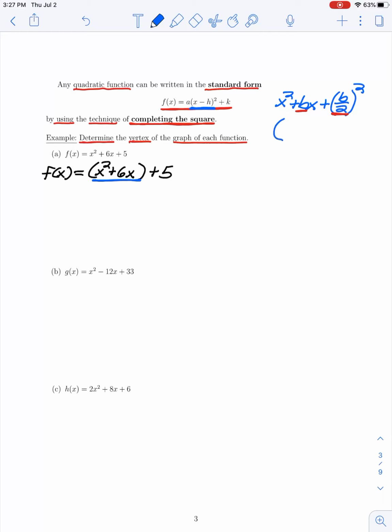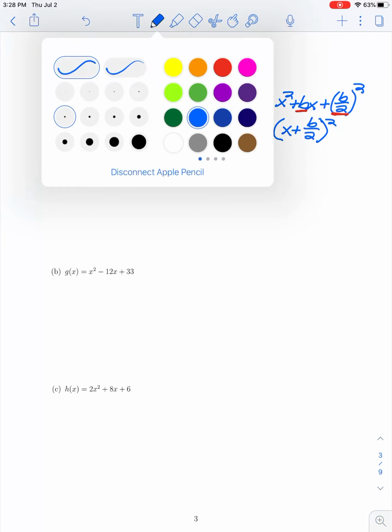And this allows you to then factor that quadratic as x plus b over 2 quantity squared. You can see that if you were to expand this expression, you get exactly the term that we have here.